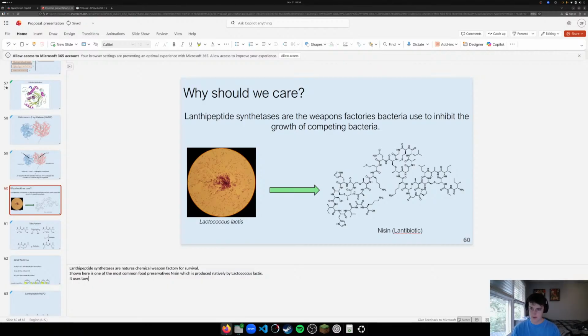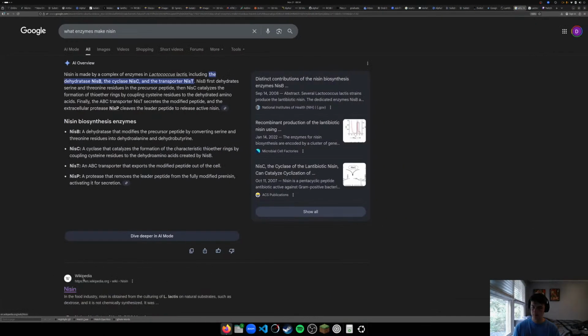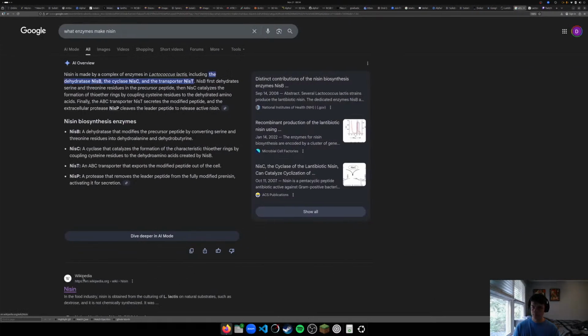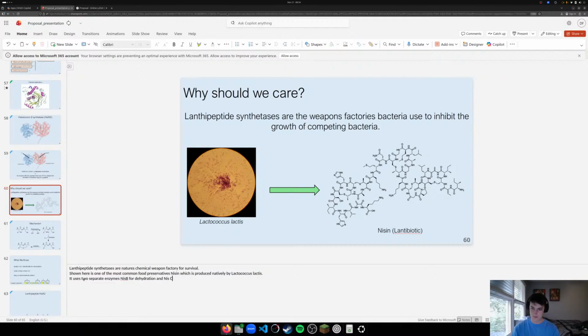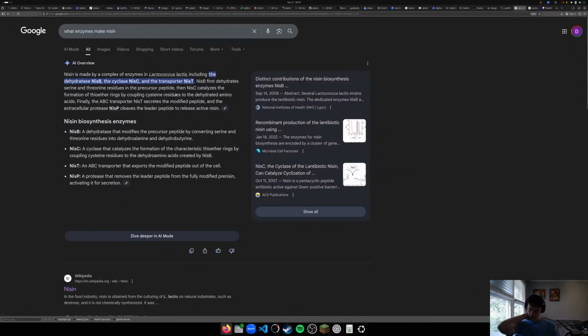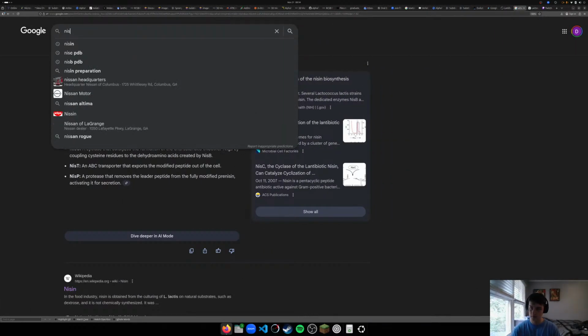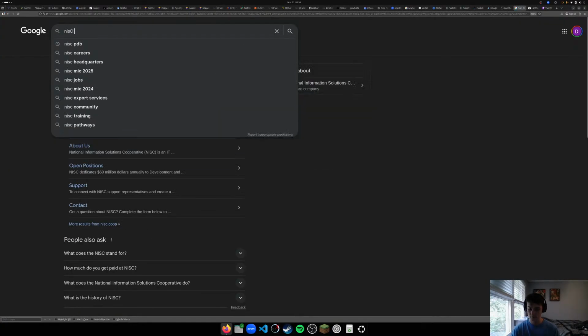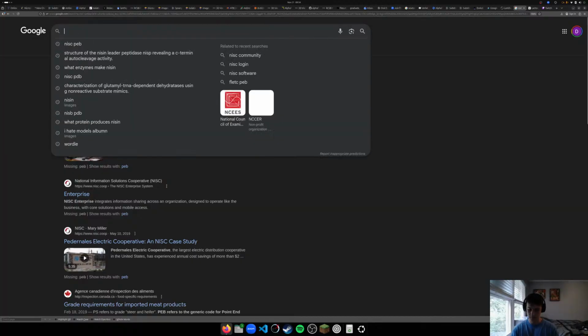Uses two separate enzymes, NisB for dehydration and NisC for cyclization. Do they have a crystal structure of NisC bound? Oh my god.